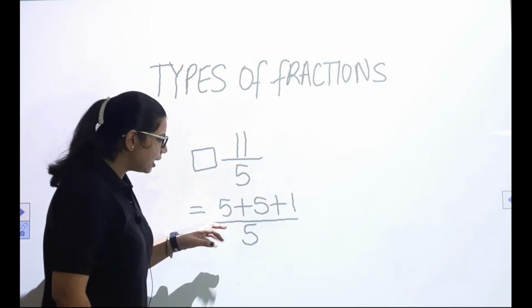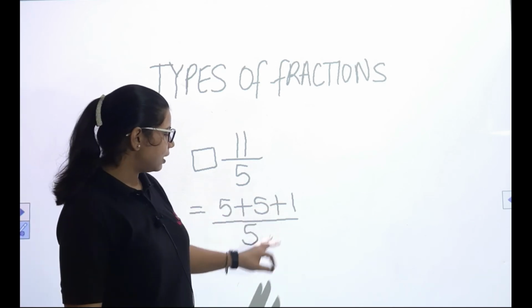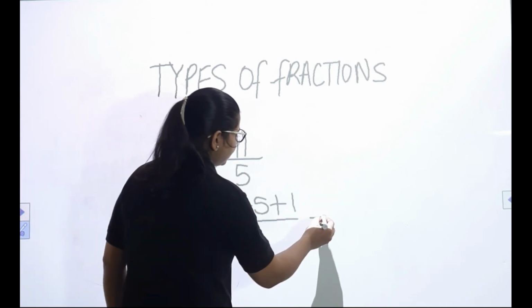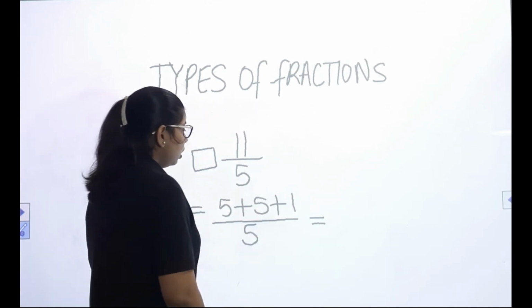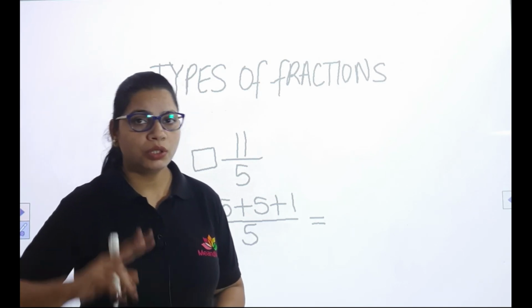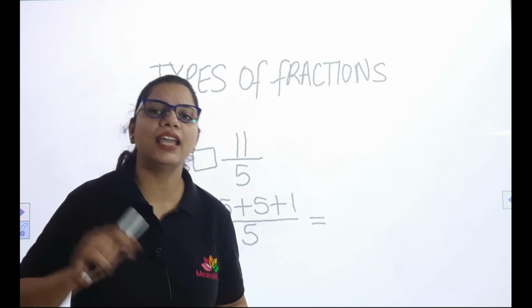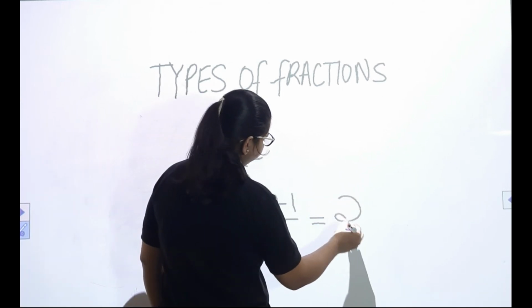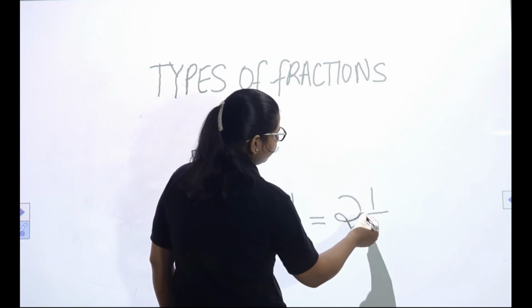So we will say it has 2 fives plus 1 upon 5. 11 can be written like this. It means that the fat boy is equal to 2 thin boys, and again take 1/5 more. It is 2 thin boys and 1/5.